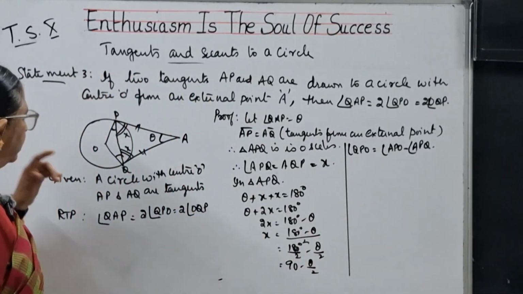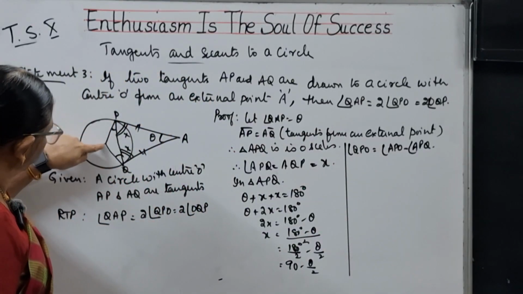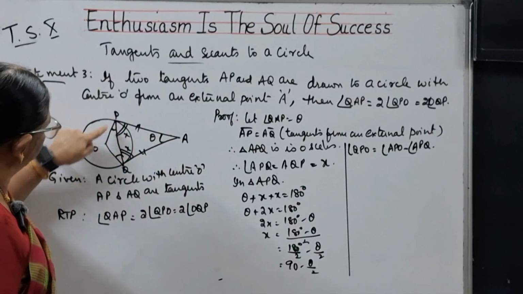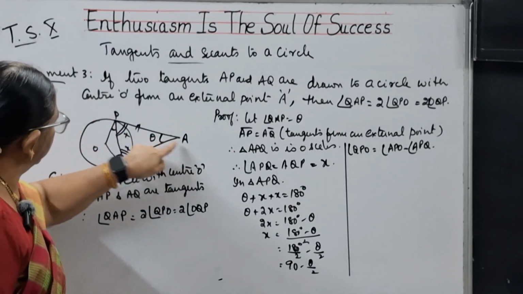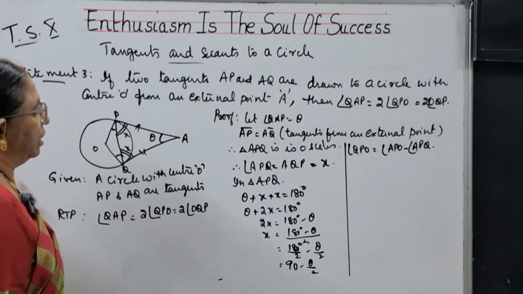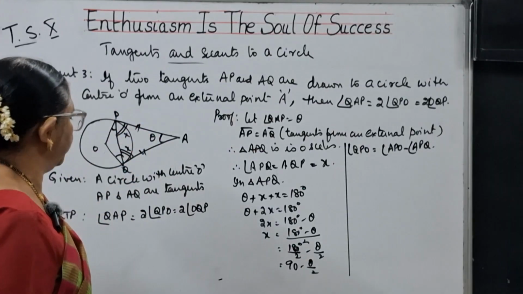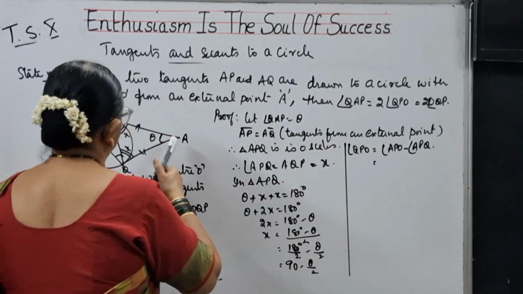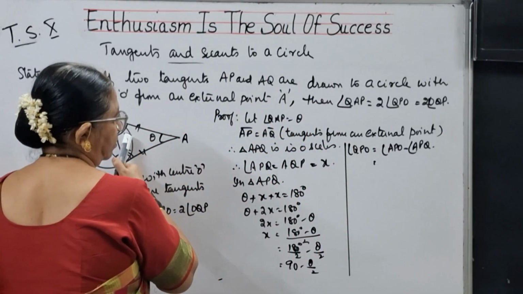Yes or no? Angle QPO is equal to angle APO minus angle APQ. If you subtract it, you are getting angle QPO.